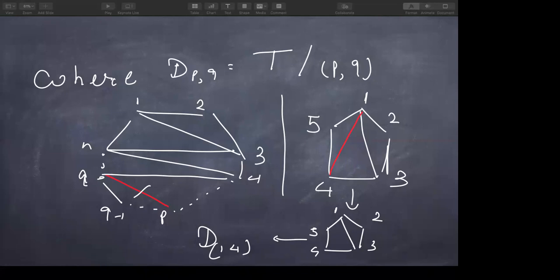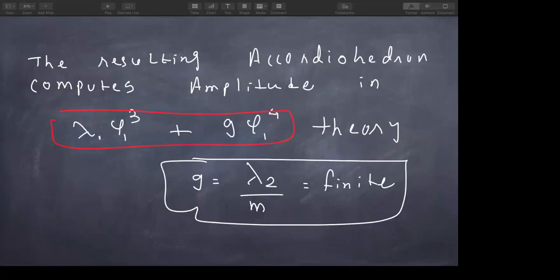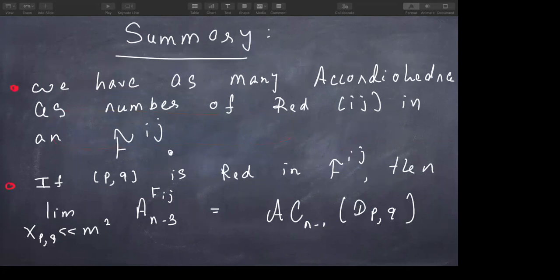So it's a dissection which breaks your polygon into a triangle and a quadrilateral. And of course, as you can imagine, this dissection is dual to a Feynman diagram with one cubic vertex and one quartic vertex, which is precisely what you would expect from this class of theories to leading order in lambda. So all the analysis is to leading order.